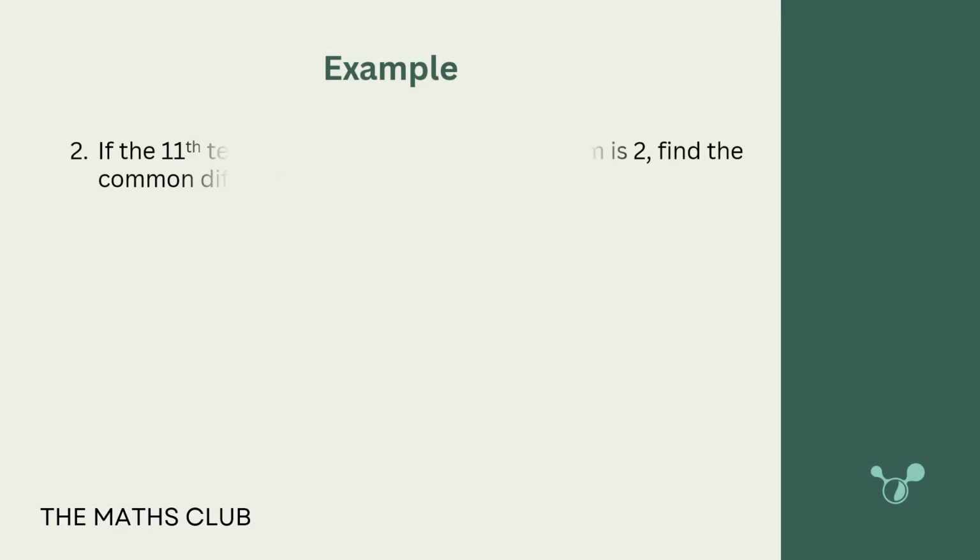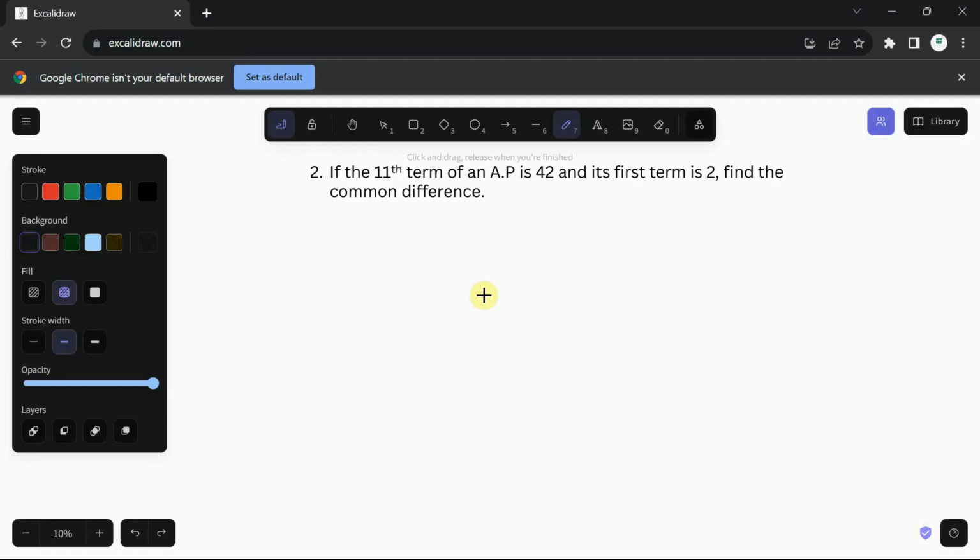Great. The next question says, if the 11th term of an AP is 42 and its first term is 2, find the common difference. Whenever you see questions like this, don't be carried away. The first thing you need to know is what is given in the question. We're told that the 11th term is 42, so T11 is 42.